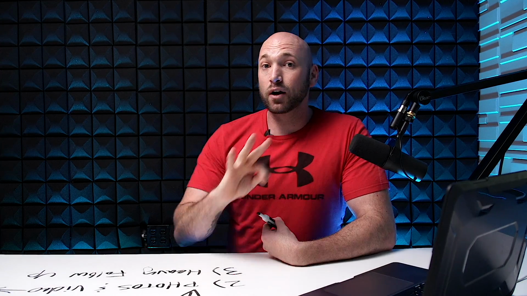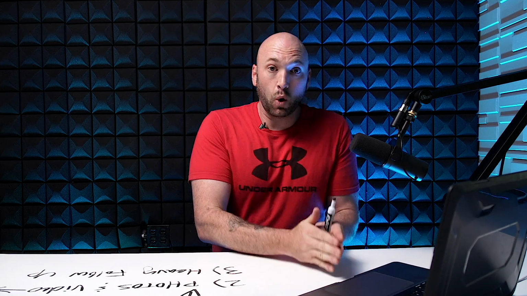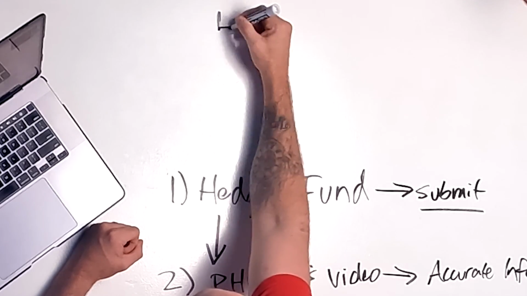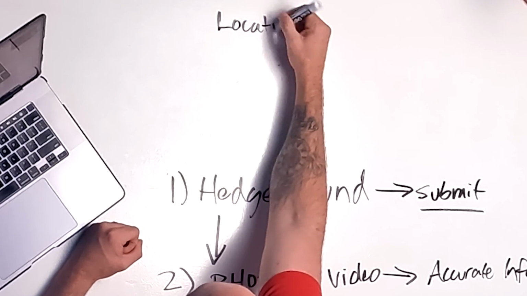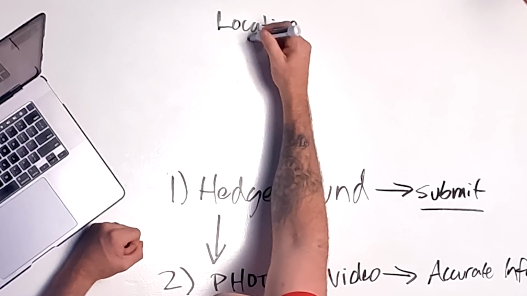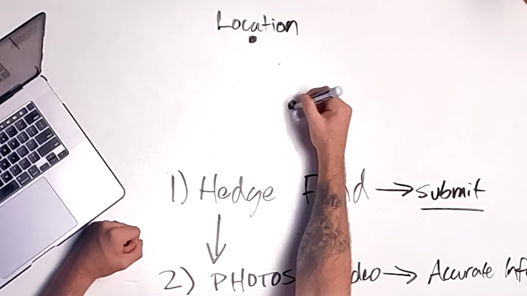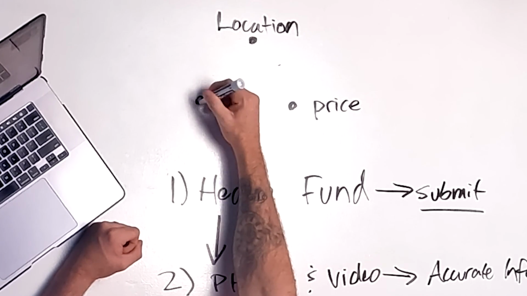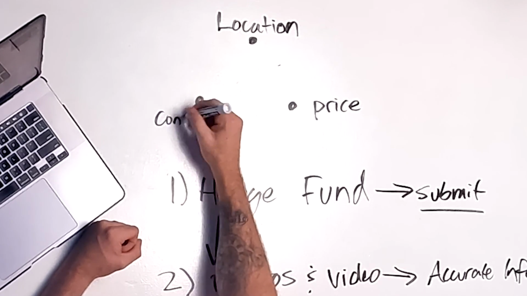Now, the three things that sell real estate: it's location, price, condition. Very simple. Let's put that on the board real quick. We have location, number one. Location, location, location. You guys have heard that before. We have price, and we have condition.